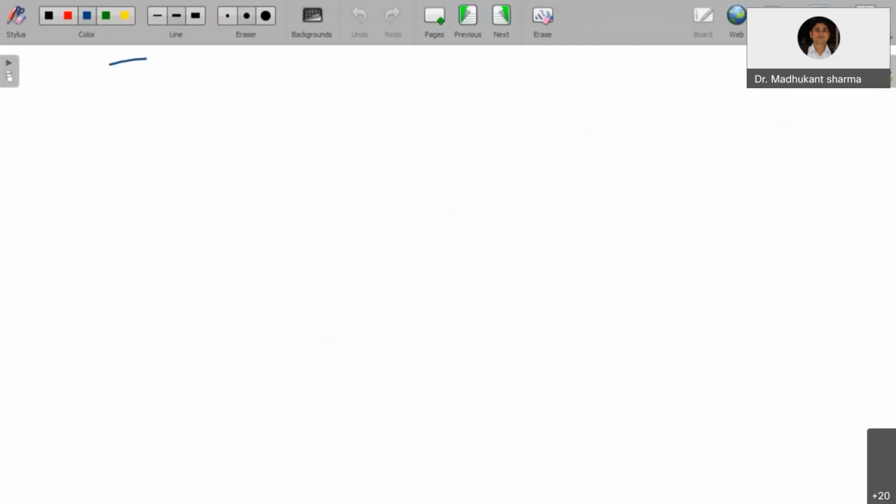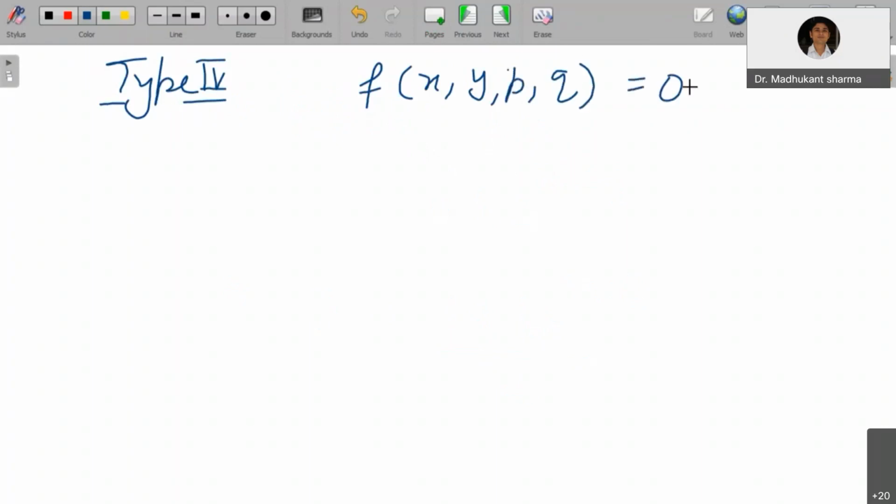So suppose you have this form given. There is no z explicitly. There is no z explicitly.